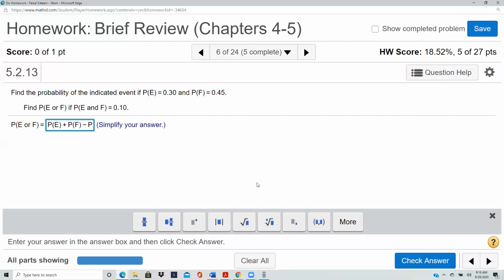And isn't this when they have something in common and you have to subtract it? Right. Whatever is E and F, that's the common part. Here it's 0.1. So tell me the numbers.